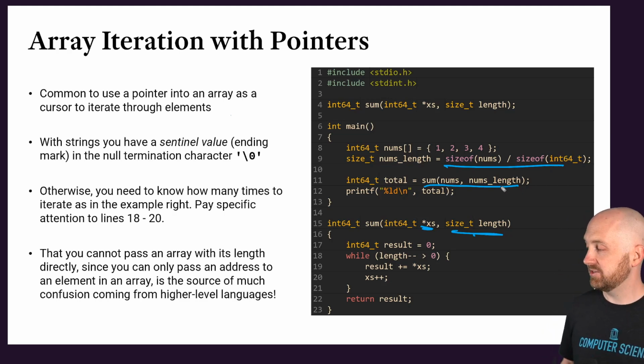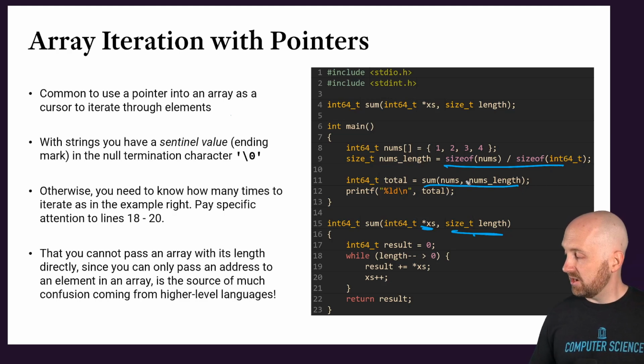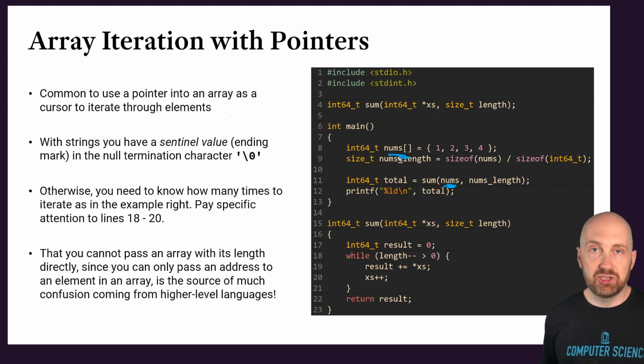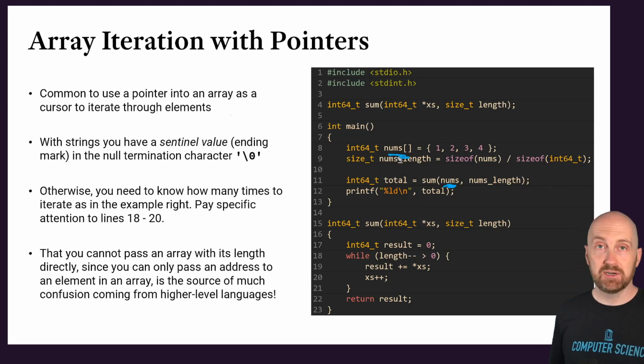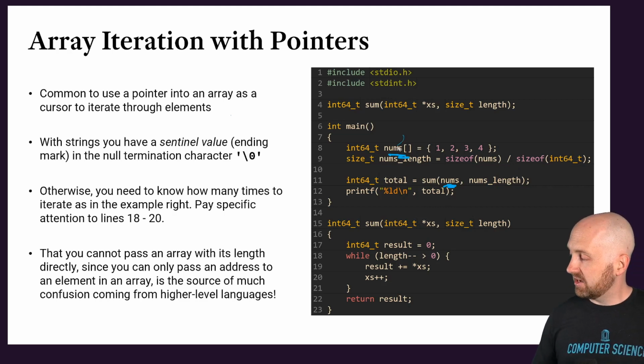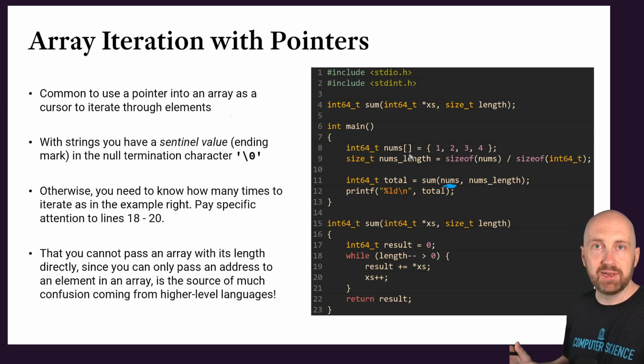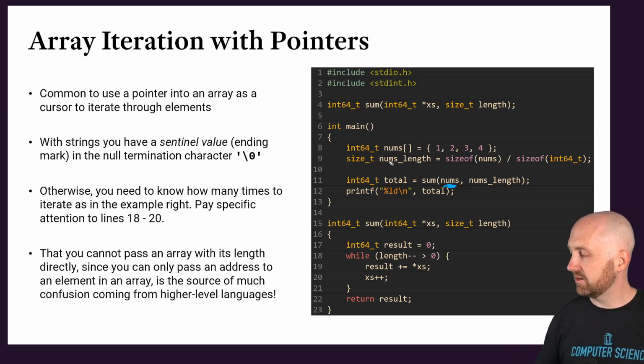So we give it as arguments nums, and this actually is worth pausing and noting as part of this slide, notice nums is just an array of int64_t's, right? And we didn't have to commit to the size of this, even though we know looking at this code it's 4 elements. We could have added a 5, and the rest of this code would have worked without having to update anything. And that's the real win of calculating a length in this way in C.